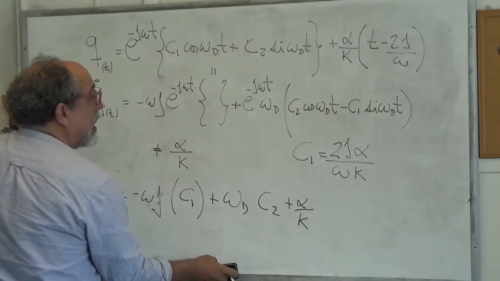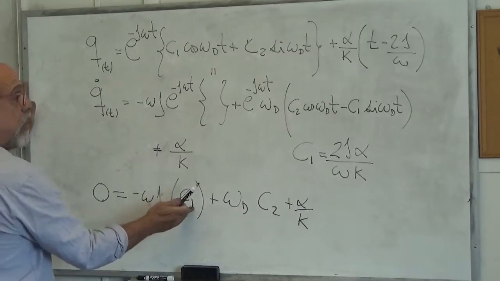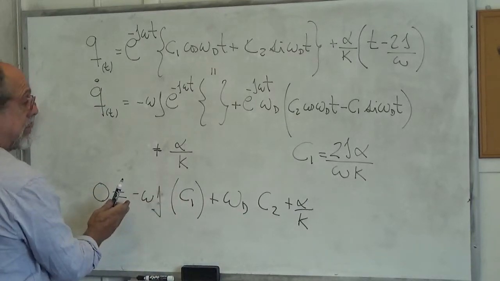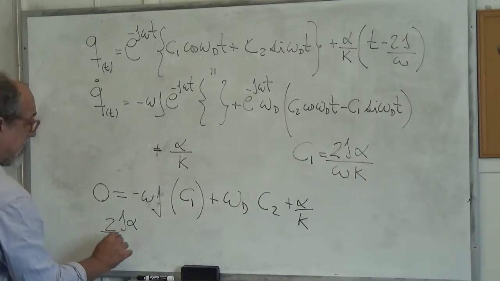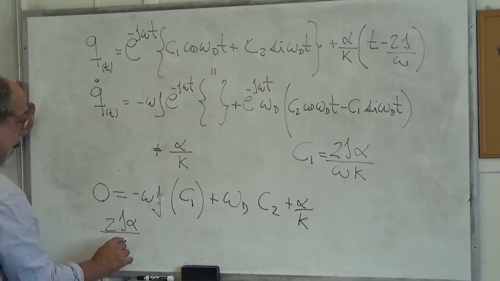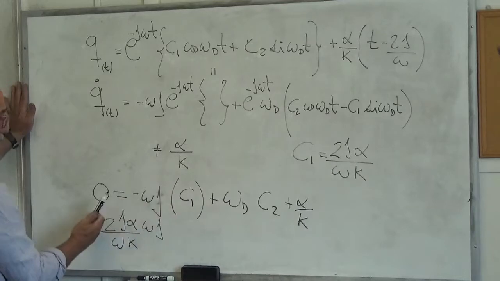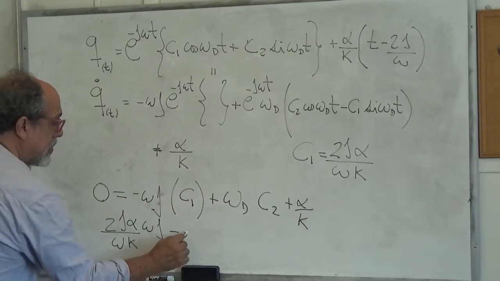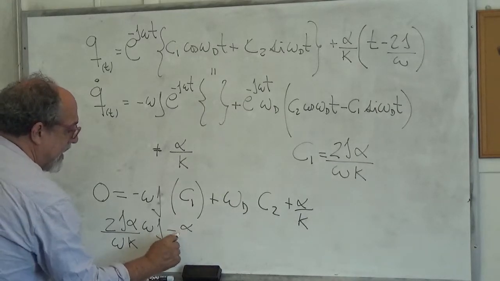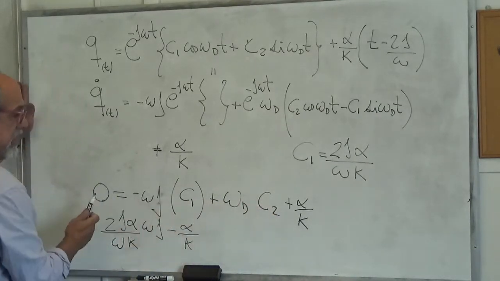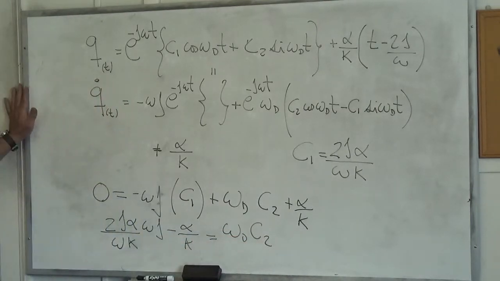And so we find that from here, the C1, so I can put this on this side and find that C1 is 2 psi alpha divided by omega k times omega, the fraction of critical damping, equals, I'm sorry, minus alpha over k, put that one on this side, is equal to omega damped C2, right, I think.